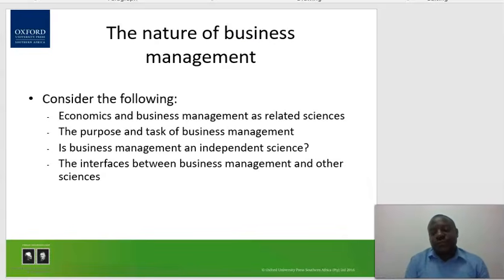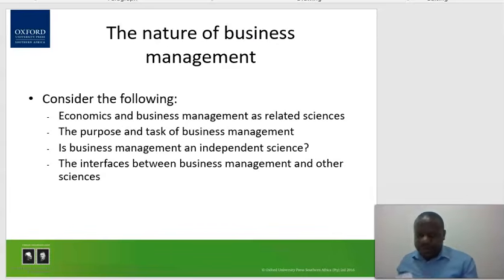In economics you spend more time discussing the economic principle, the economic motive: how best can you use the limited resources to satisfy unlimited wants or needs? In that regard, business management is related to economics, and some of the economic principles and theories that you would cover in economics, you will still cover in business management.